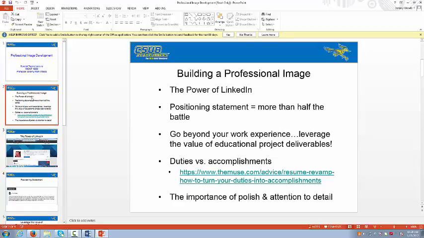So the other things that I want to talk about before I do that example. Positioning statement. At the beginning of your LinkedIn profile, you're going to have a summary, a positioning statement, and that's your opportunity to tell people who you are as a professional.